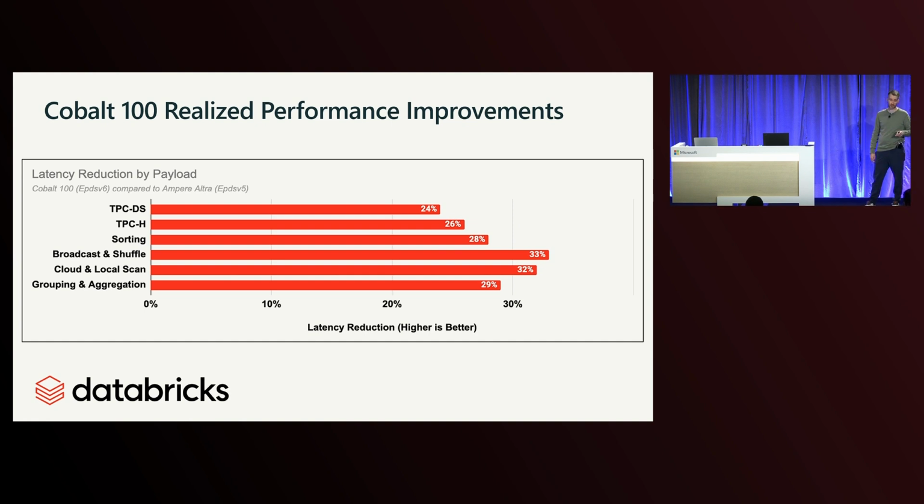Now, there's a big downside to these types of TPCDS, TPCH standardized benchmarks in that they're not super reflective of all customer workloads, right? These are read-only workloads. A huge chunk of Databricks usage is massive data transformations and writes to cloud storage, right? So what do we do?